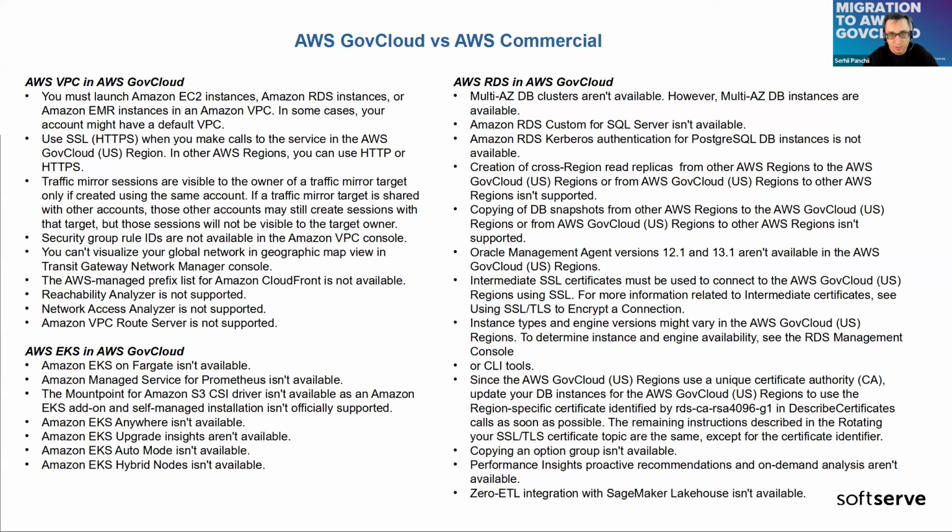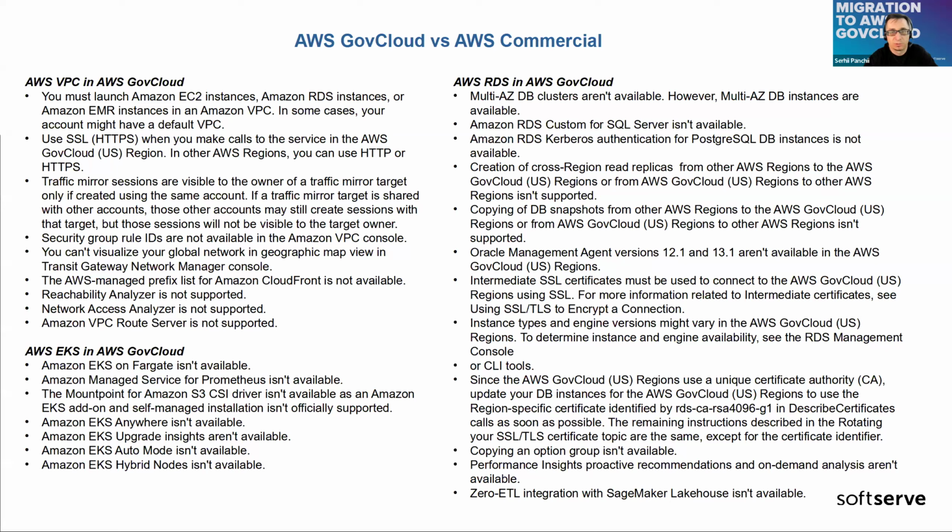You will need to set up other workloads and third-party tooling. The RDS service has major constraints: no cross-region replication and snapshot copy. Multi-AZ clusters are unavailable, however, multi-AZ instances are. And some other RDS features are missing in GovCloud. So you need to be prepared for GovCloud deployment first.